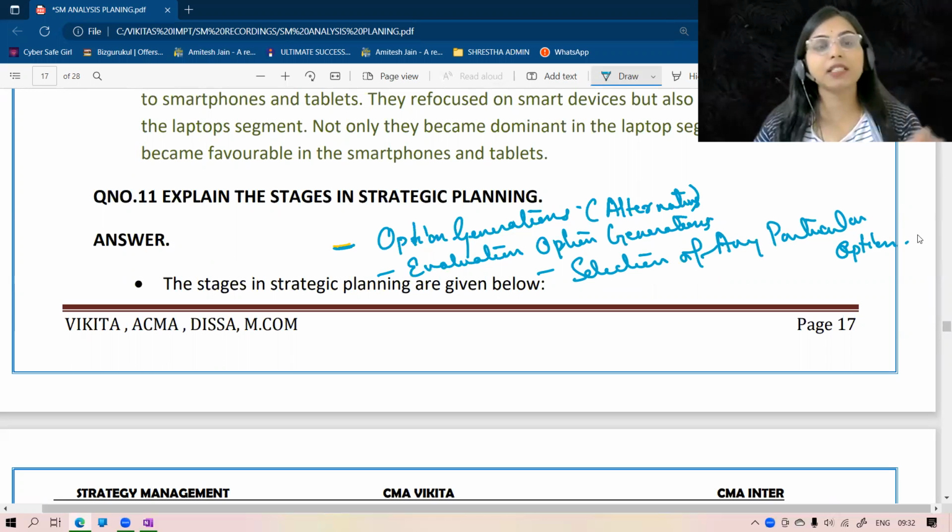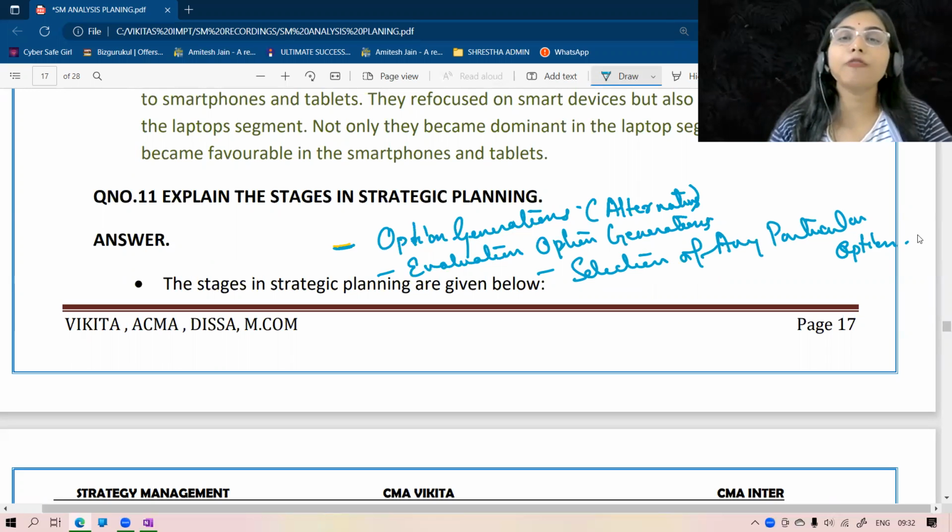Remember, recall with me. There are 3 stages of strategic planning. First one is, you need to find out what are the different alternative options we have.